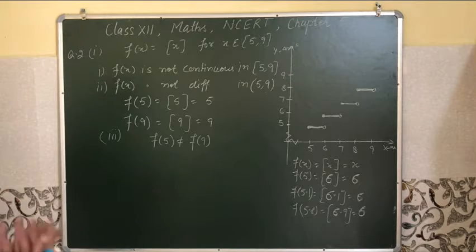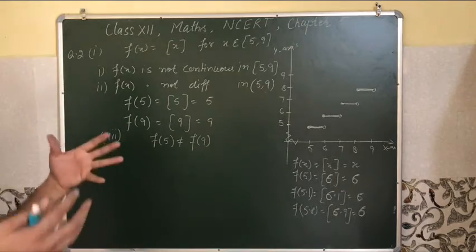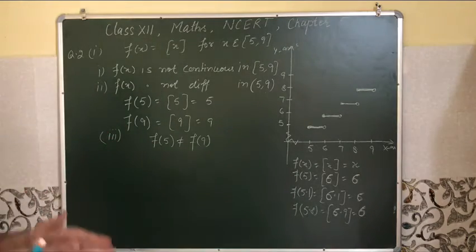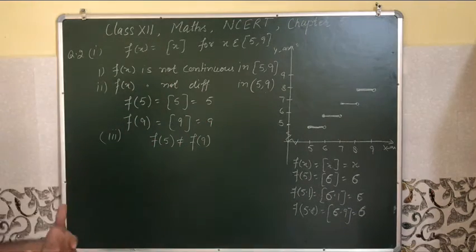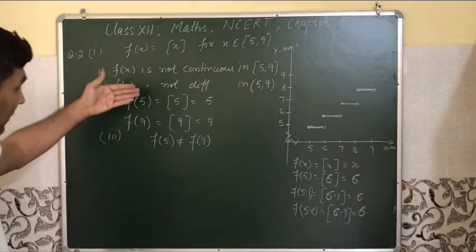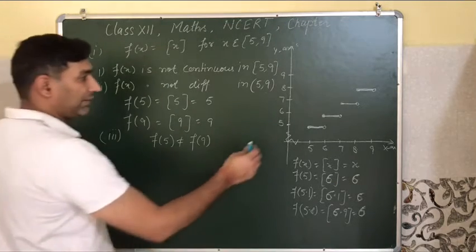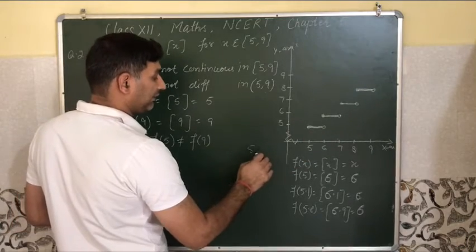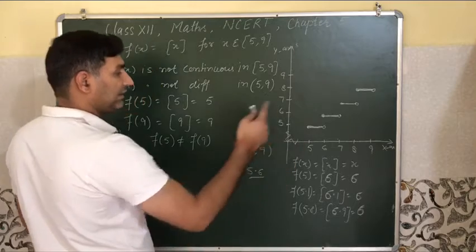The converse is that if f'(c) is equal to 0 and a point c lies in 5 to 9, then the function is continuous, differentiable and satisfies those conditions. But we know that the interval 5 to 9 is this, and a point like 5.6 lies between them.